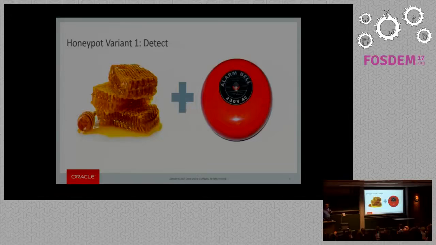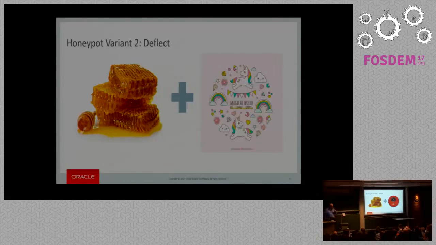All right, so detect. Basically, you have something that people want, and you have an alarm attached to it. So whenever somebody tries to access the honey, you get an alarm. That's detecting. Deflecting is a bit different. You still have the valuable parts, but once people start trying to get those things, you get them into fairyland.